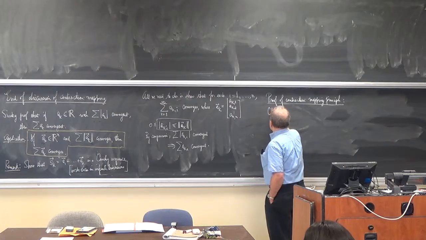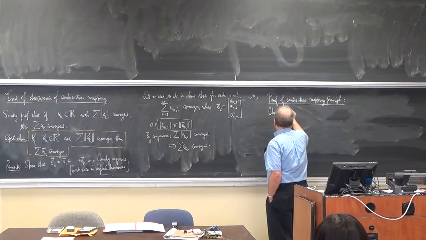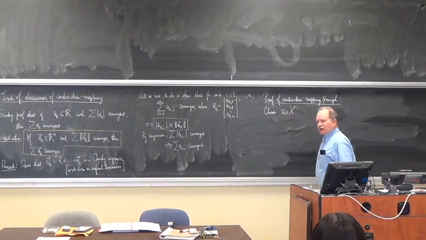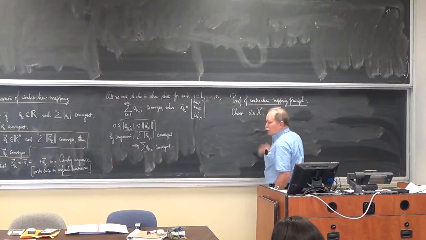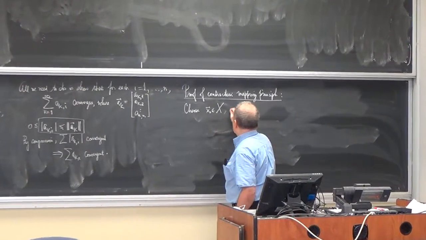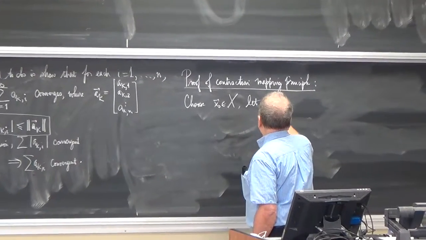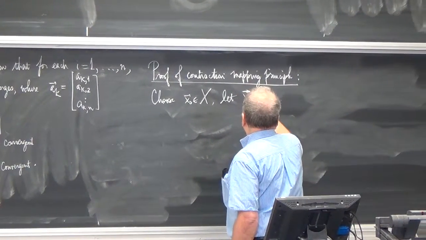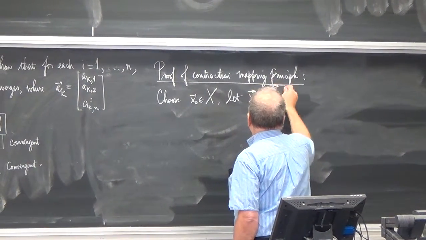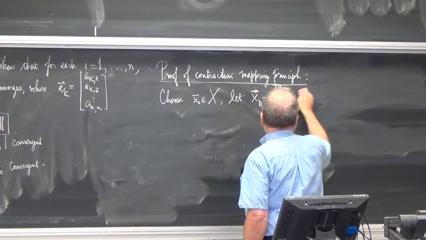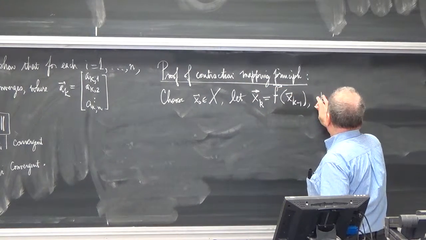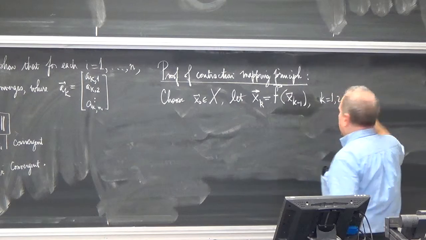So choose any point x0 in your set X and iterate the contraction mapping. So let x sub k be f of x sub k minus 1, k going from 1 and so on.